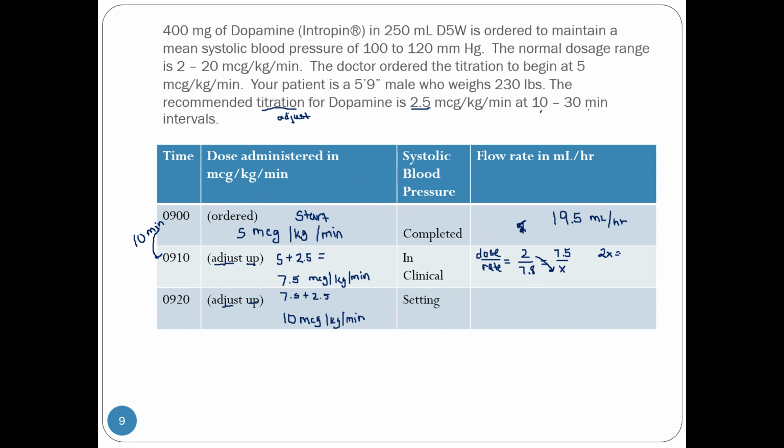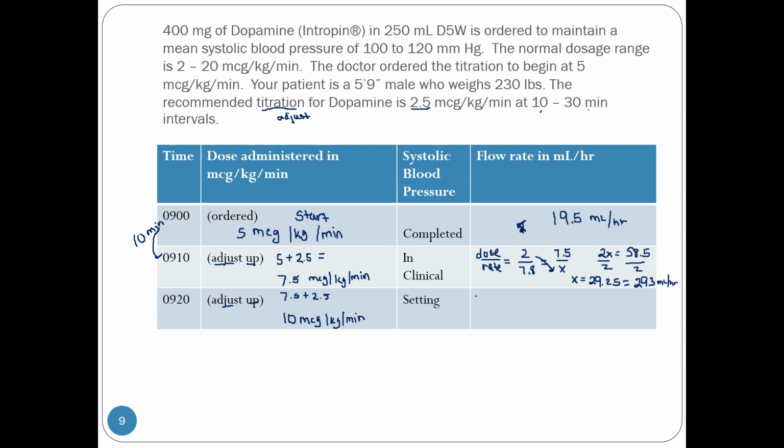Multiplying on our second diagonal, 7.8 times 7.5 gives me 58.5. And then divide by 2 on both sides. And I have 29.25. But because it is a milliliter per hour, I do have to round it off to tenths, so 29.3 milliliters per hour.